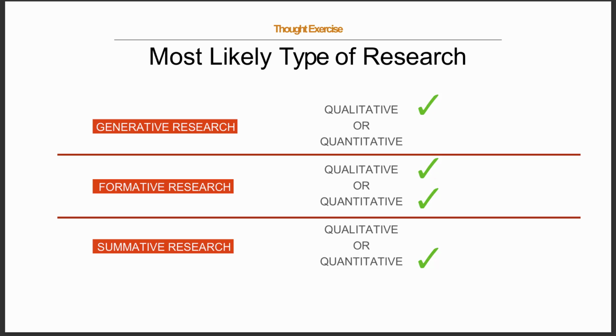So throughout the double diamond, what we know about what happens in the double diamond is we start with generative research, then formative, and then evaluation or summative research. During the generative research, most of it is qualitative. It's the opinions, the behaviors.